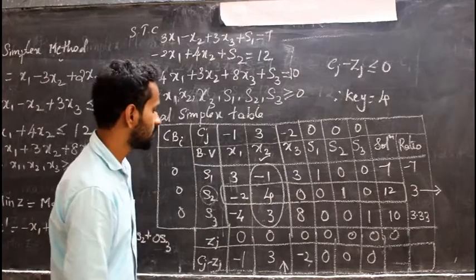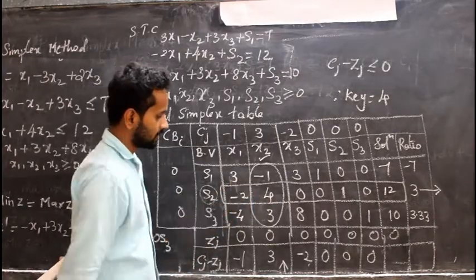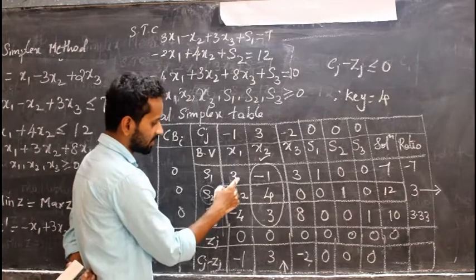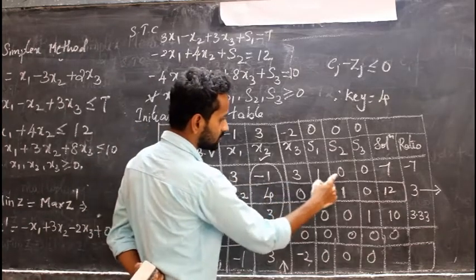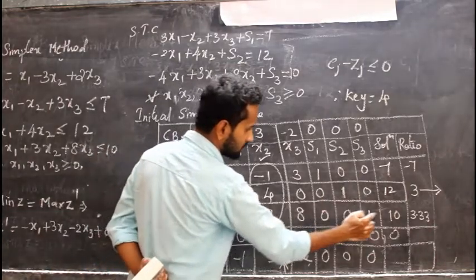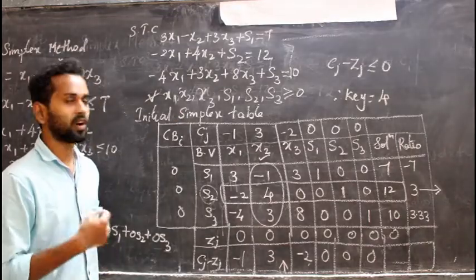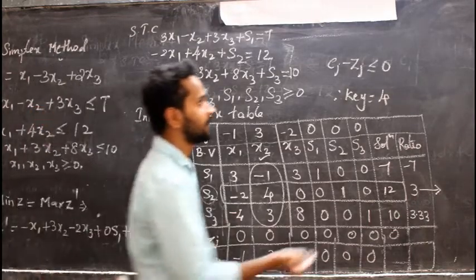When we form the iteration 1 table, this row must be changed by dividing by the key value, and the remaining rows, minus 1, 3, 1, 0, 0, 7 and minus 4, 3, 8, 0, 0, 1, 10, I need to change by using the formula. What is the formula we have here?